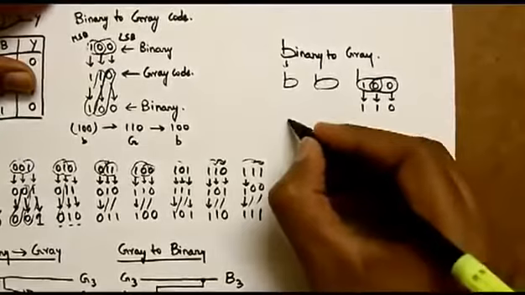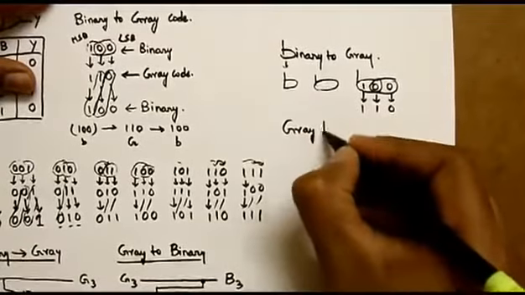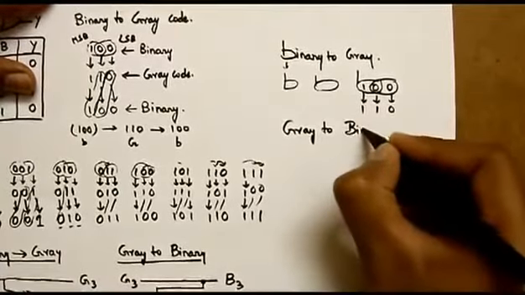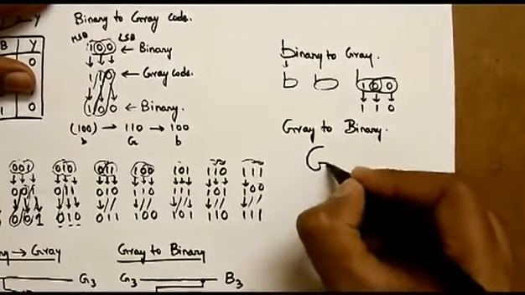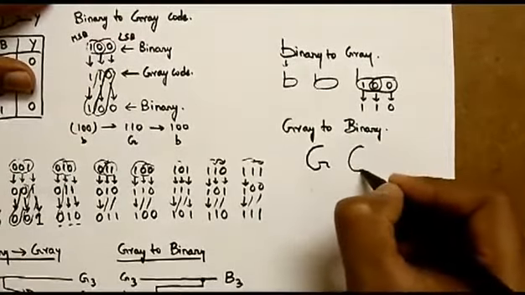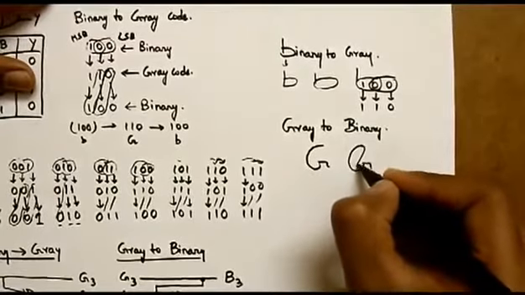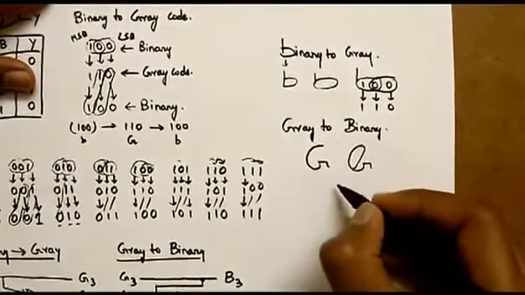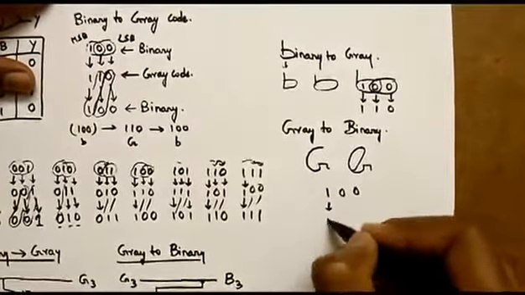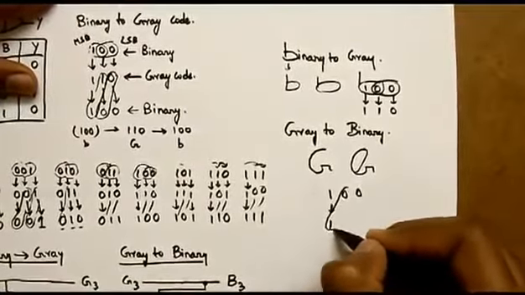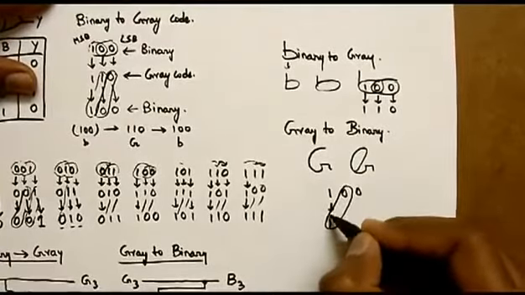Right. In the letter gray, we have G. See, we can make use of this curve to remember diagonal XORing. First we write the MSB, we XOR diagonally.